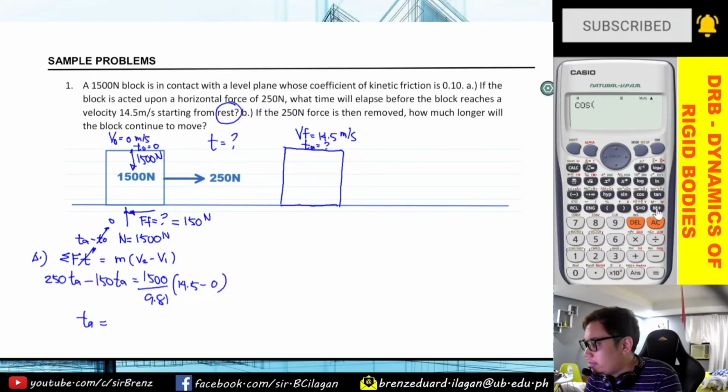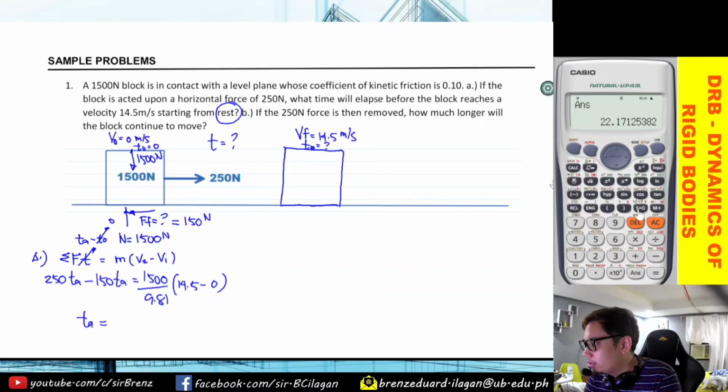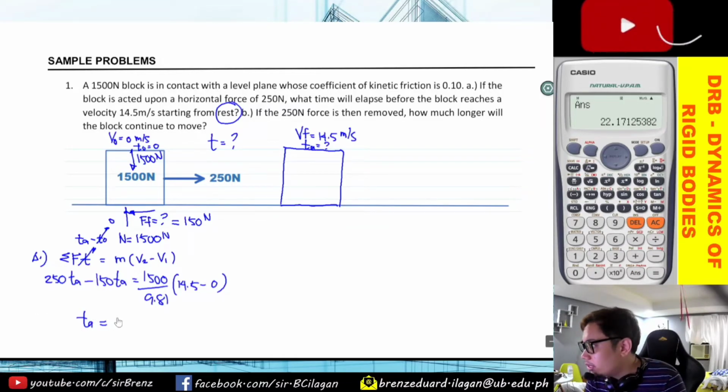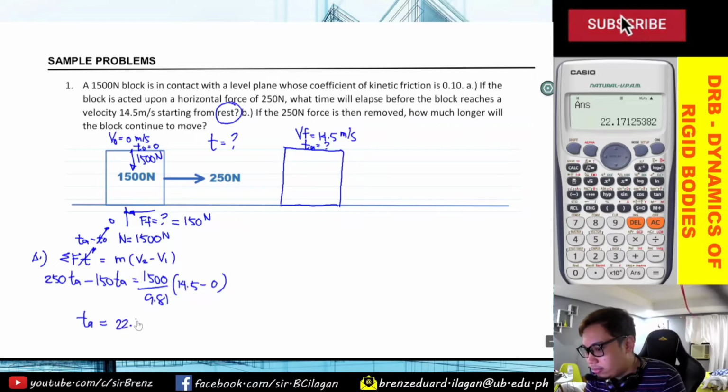So what is time A? That is 22.1713 seconds.